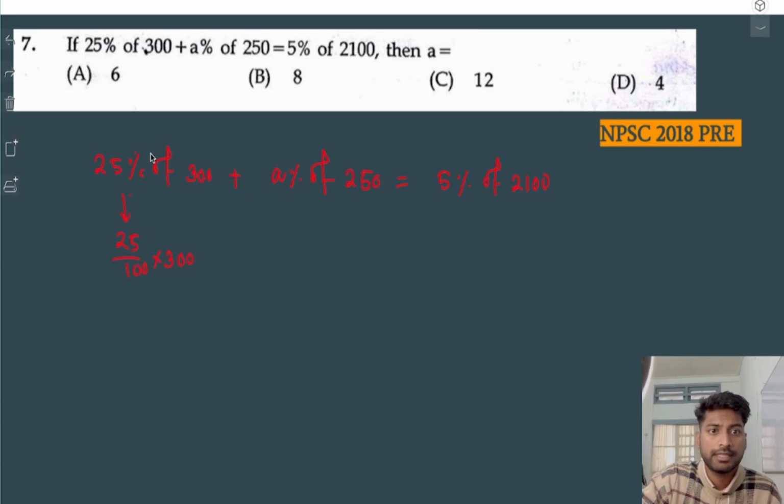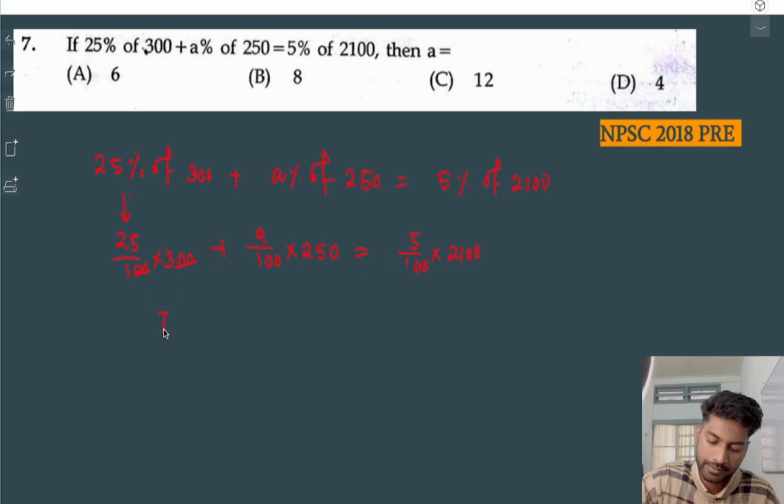We can cut the percentage also. There is a shortcut, but I don't want to teach you that shortcut. It will make it a hodgepodge. Plus a by 100 into 250 equals 5 by 100 into 2100. So the zeros gone.